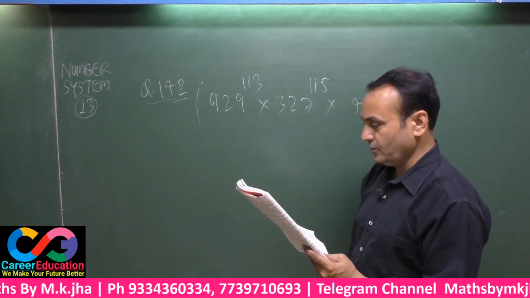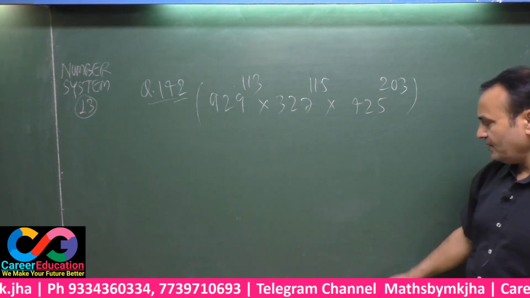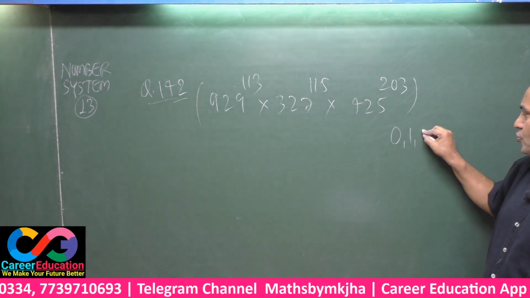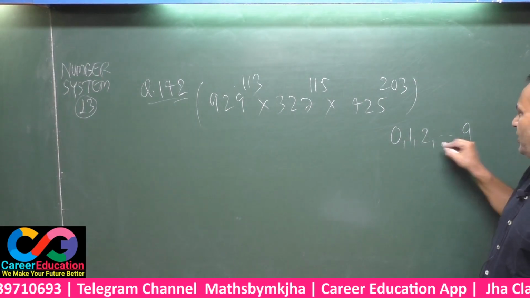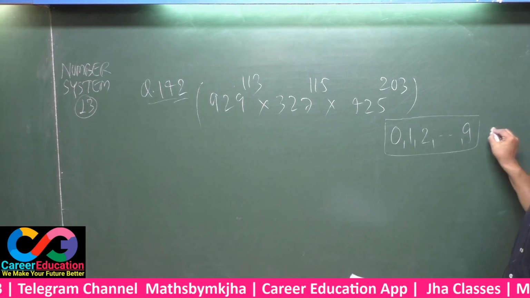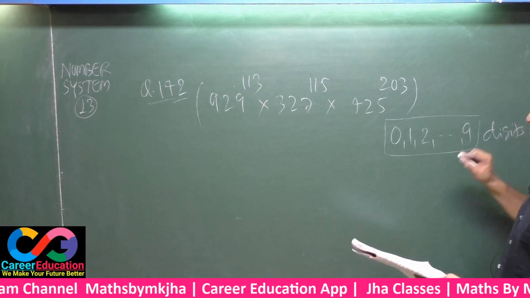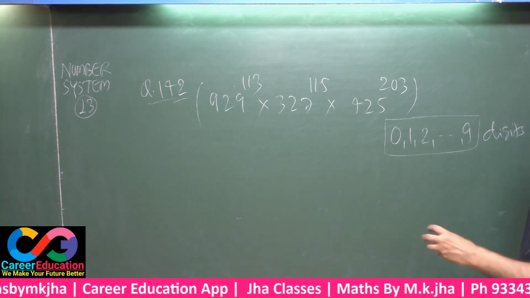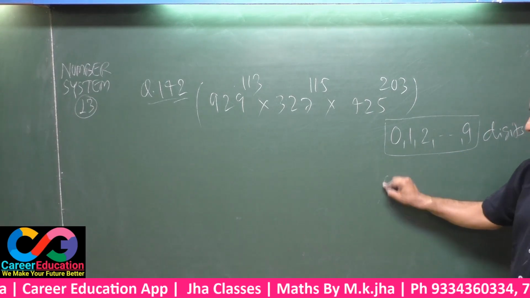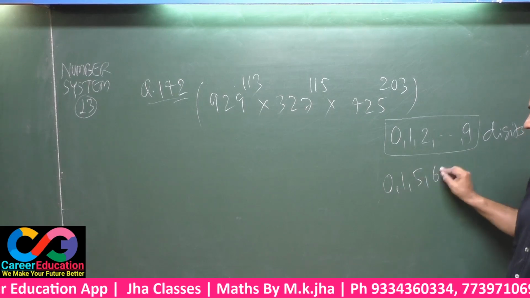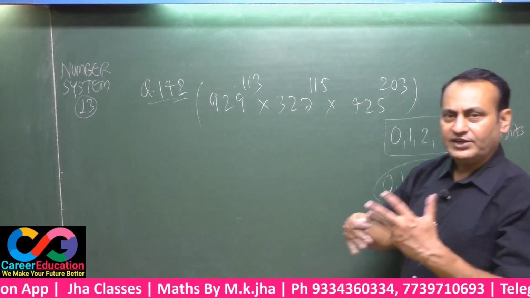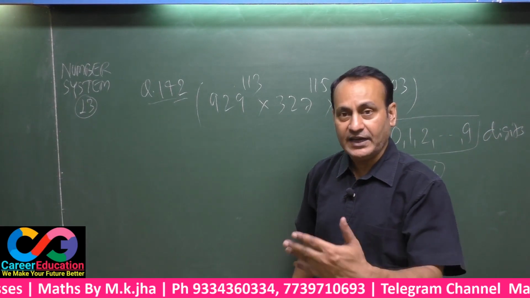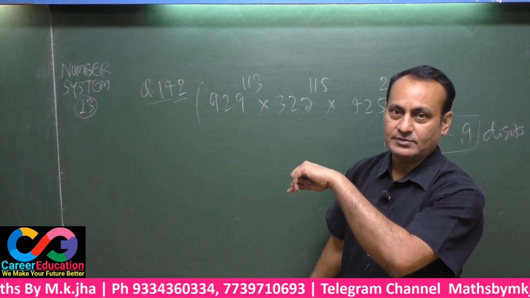142. Okay, see here, there are 10 digits from 0 to 9. These are called digits only, 0 to 9. Among all these digits, 0, 1, 5 and 6 are of different character from the remaining digits.